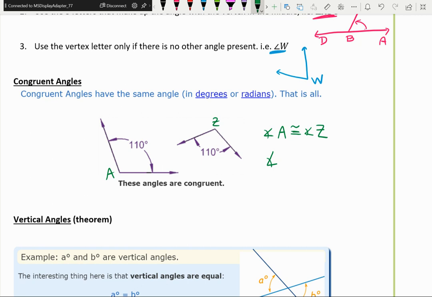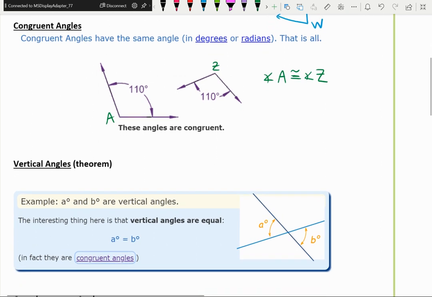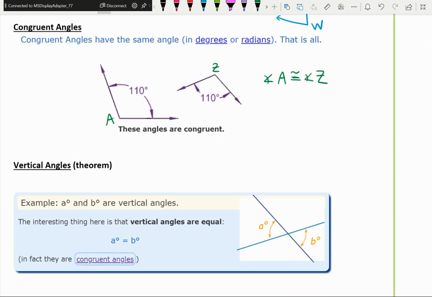That's just because I think my writing can be confused by students. It's okay if you don't write the arc on it. Cool.